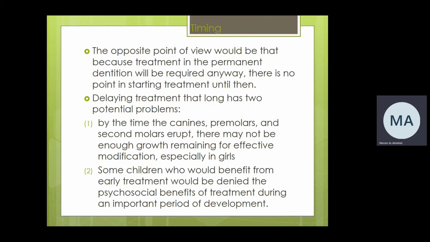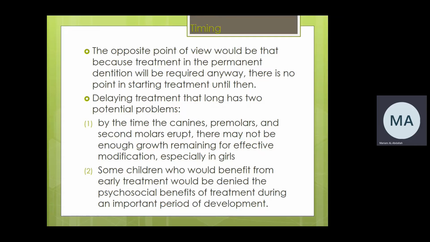So our treatment is not going to be as efficient as in patients who still have plenty of growth to be modified. Number 2, if we start a bit later, we will deny our patient the psychological benefits from our treatment and the reduction of risk of trauma sometimes achieved using our treatment. So not too early, not too late.